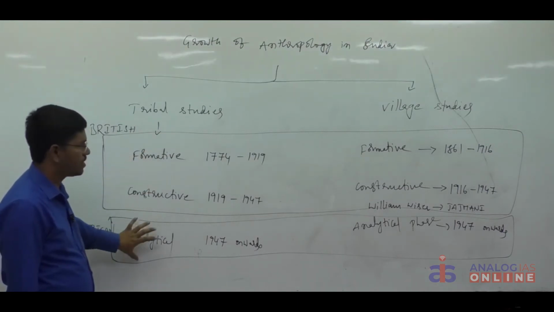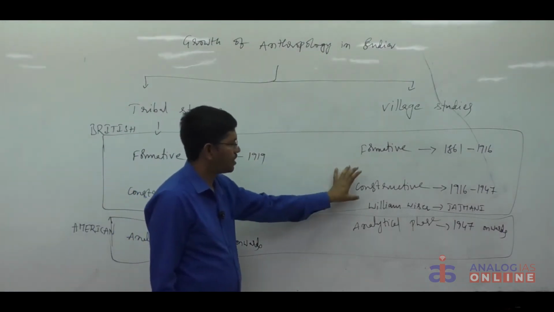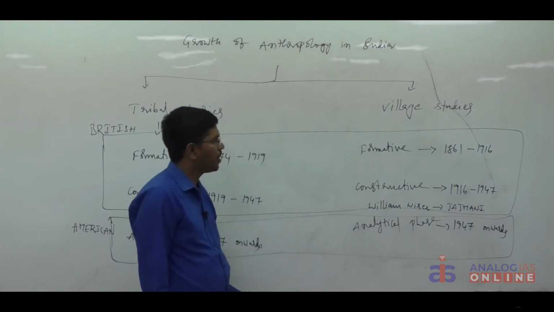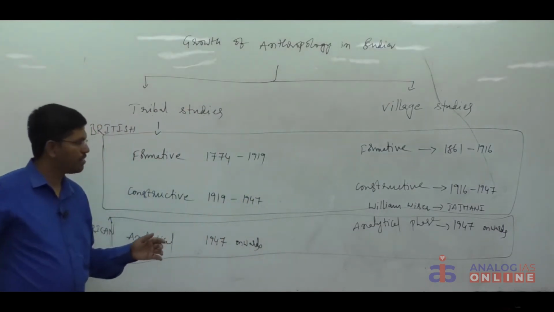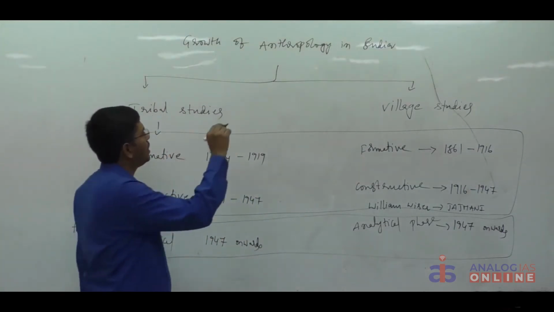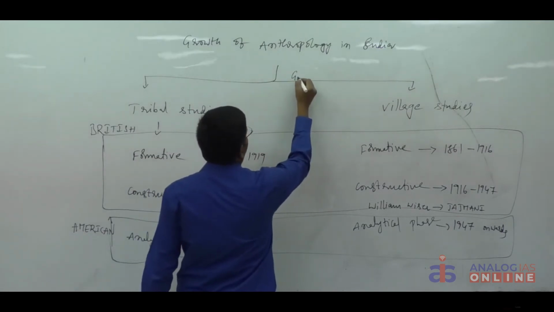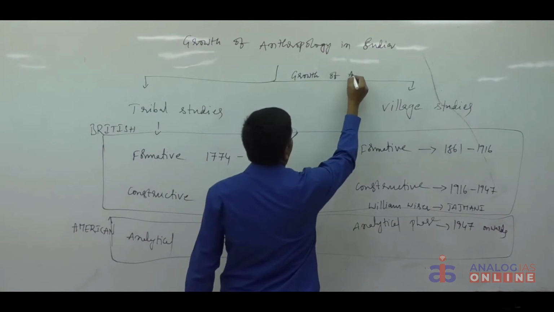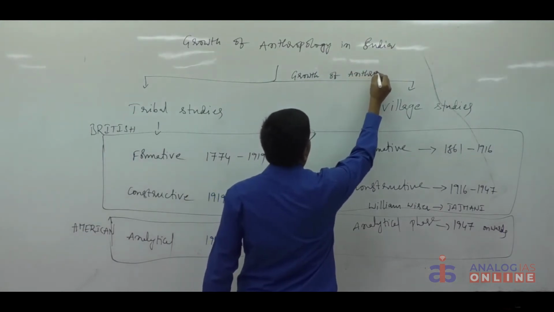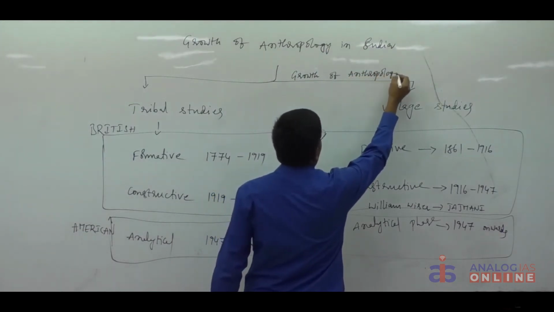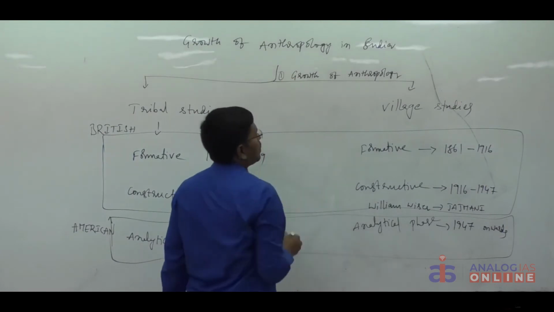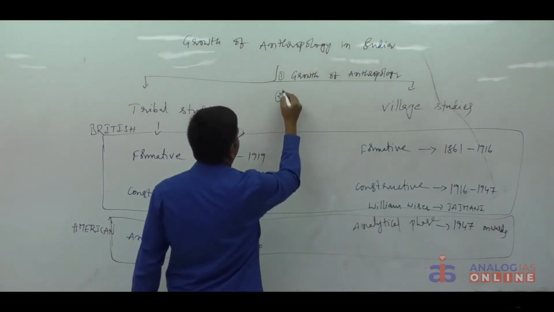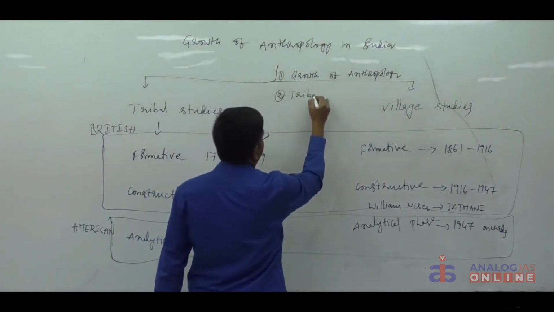Now, we are going to discuss the formative phase, constructive phase and analytical phase here. Now the questions can be in different ways. First question is, discuss the growth of anthropology in India. Simple question. The second question is the growth of tribal studies in India.